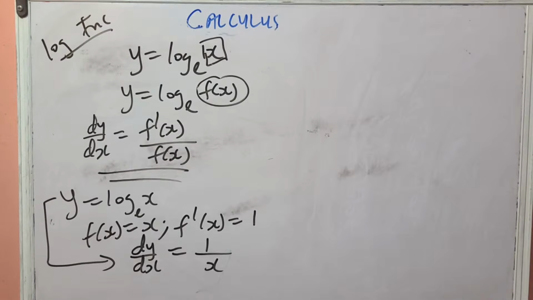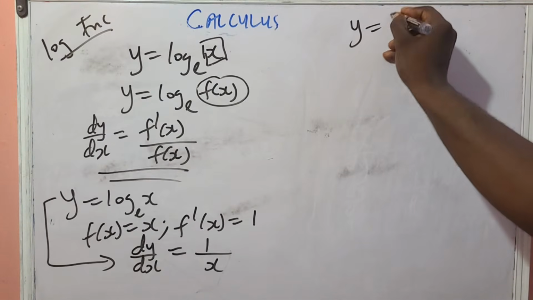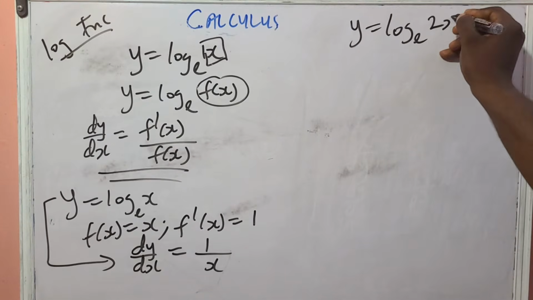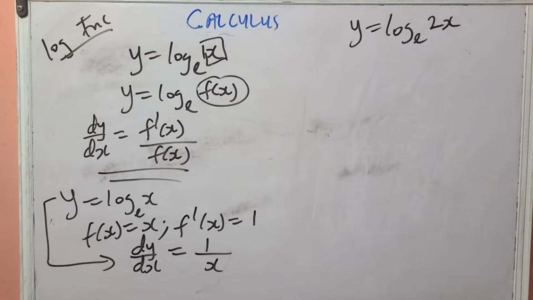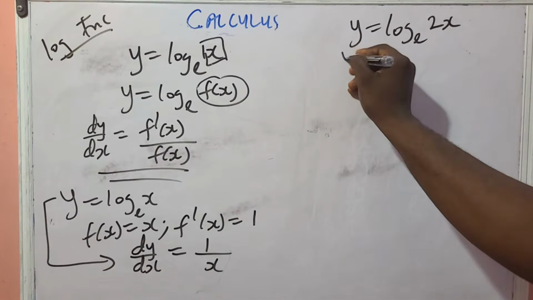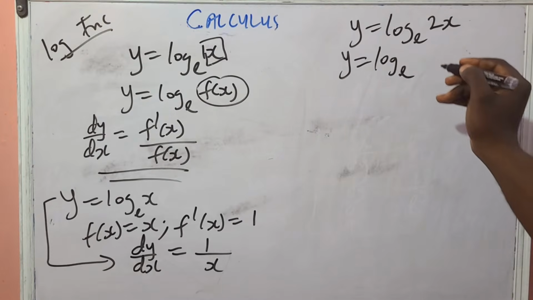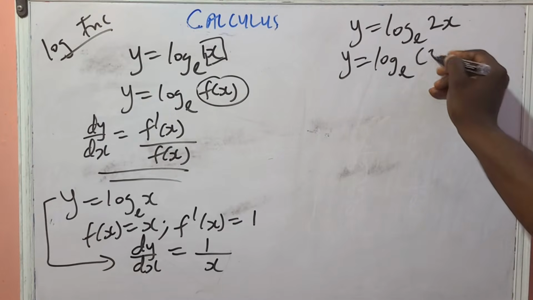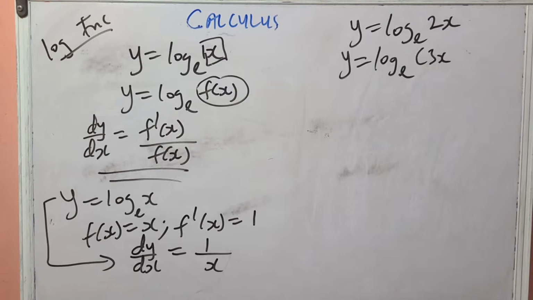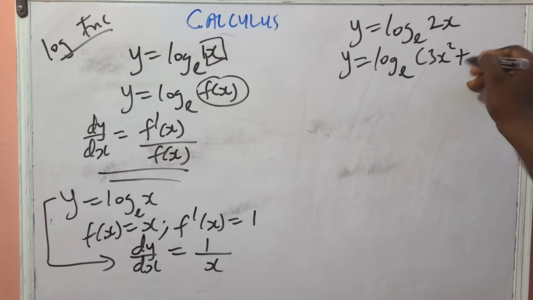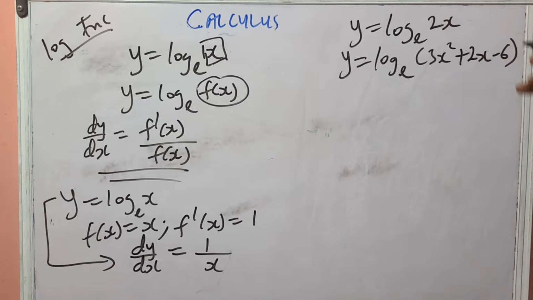So let's say the first one, y equals log e of 2x. Can you give me my answer for that quickly? And we'll solve it together, obviously. But for those of you that have not yet understood, don't worry, we're going to solve it together. Let's say we have 3x squared plus 2x minus 6.